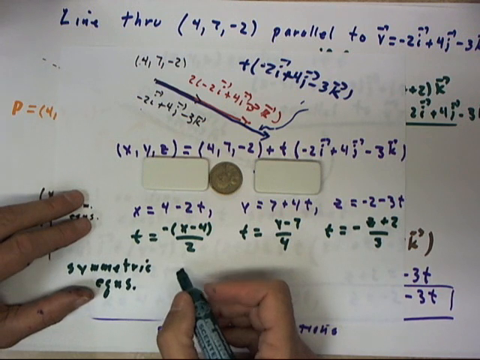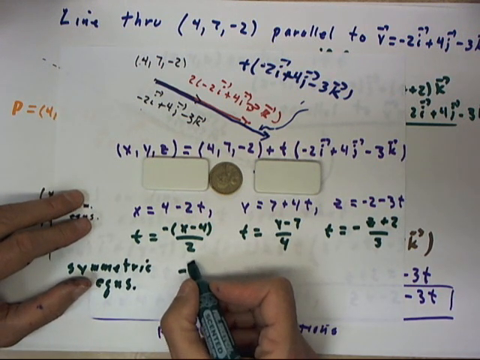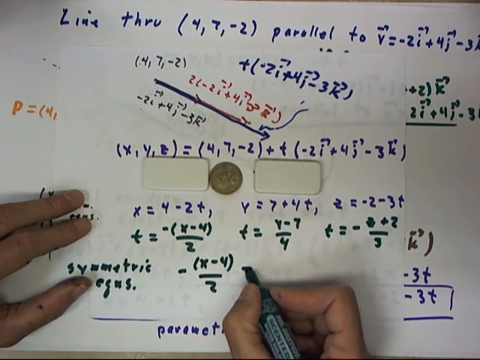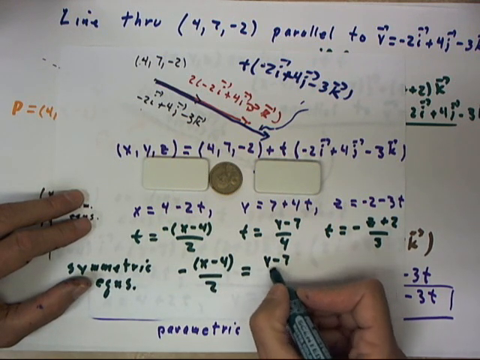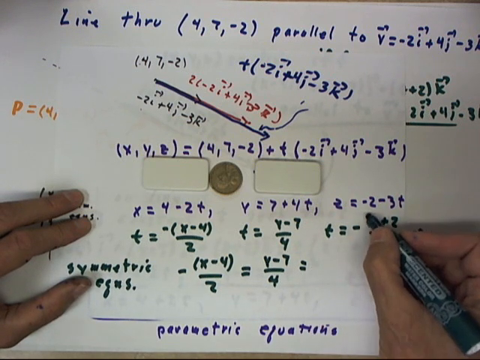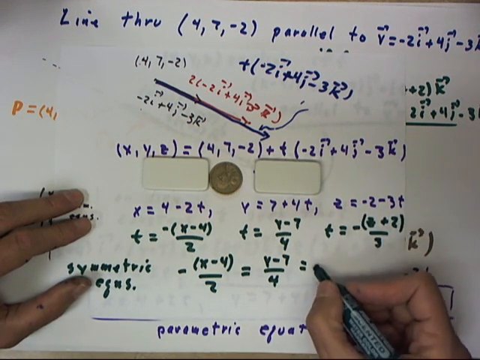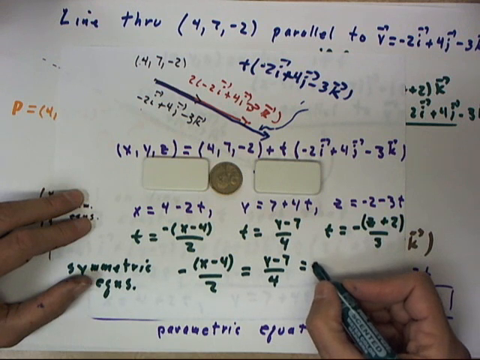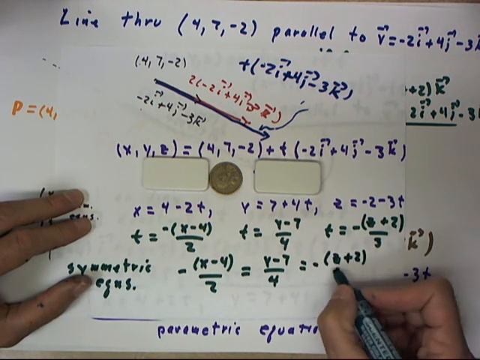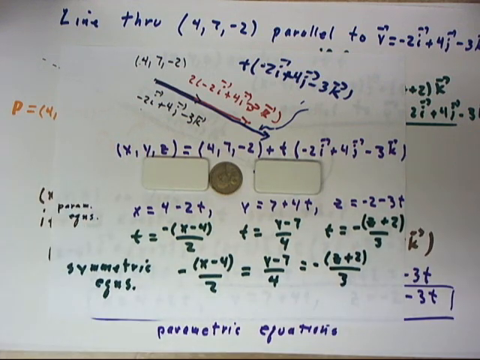And the symmetric equations read: -(x - 4)/2 = (y - 7)/4 = -(z + 2)/3. Better put some parentheses there to make sure it's clear.